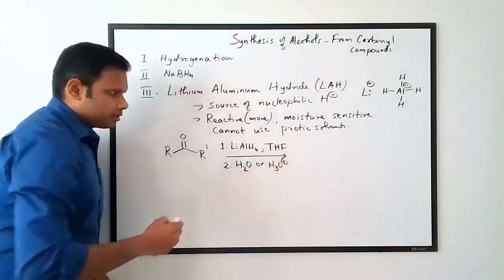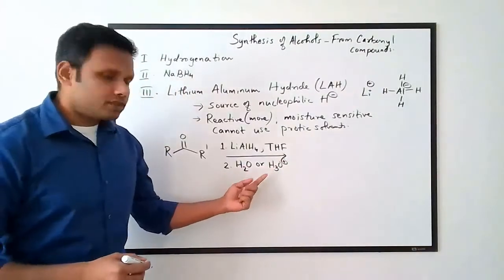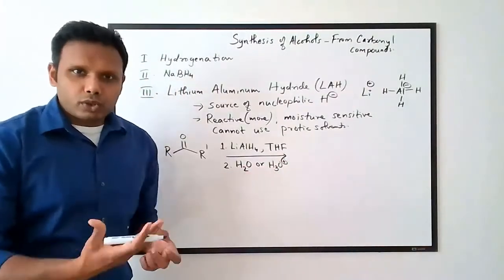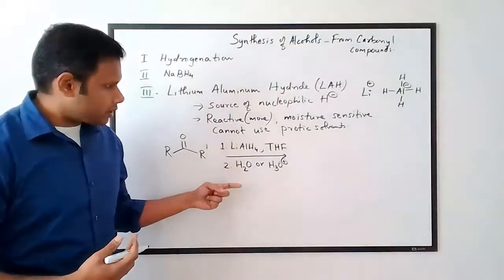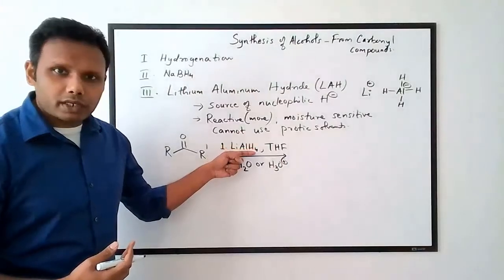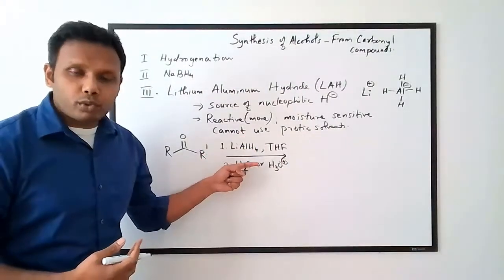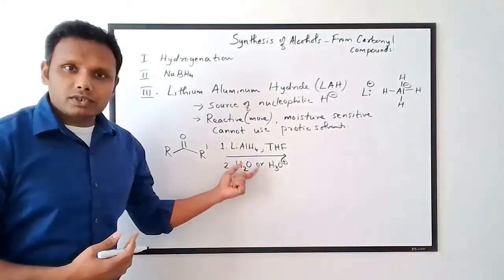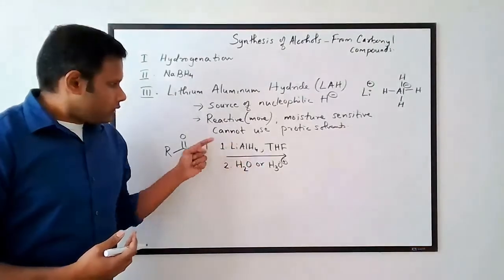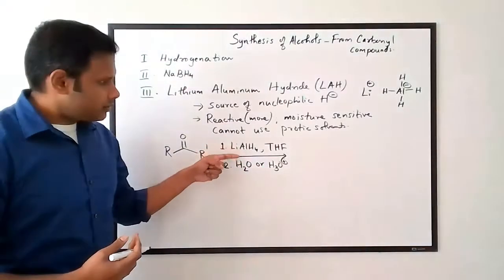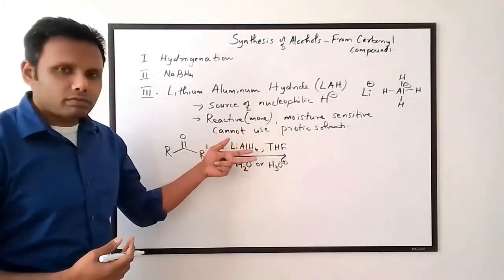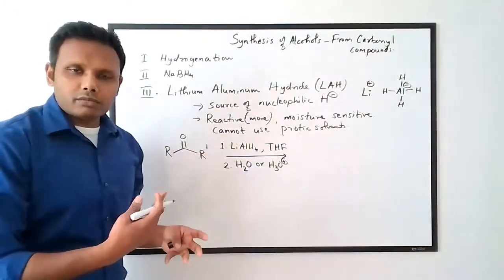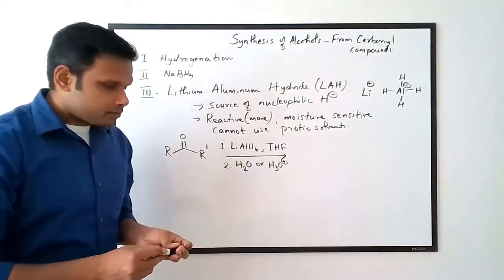The purpose being the same, that serves as a source of proton. Now compare this to the sodium borohydride reaction where we use sodium borohydride in a polar protic solvent, which was the source of protons. So in this particular reaction, the key difference is you cannot have a source of protons along with your lithium aluminum hydride. That has to come in as a second step.